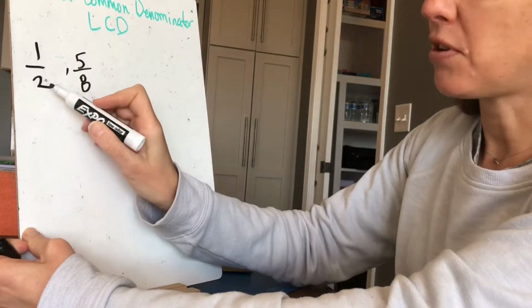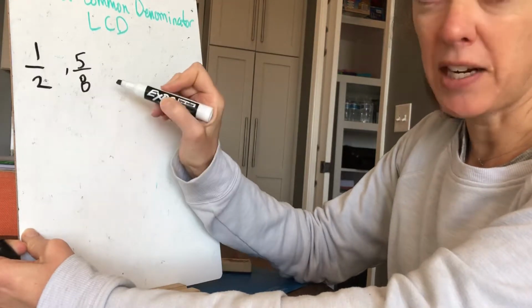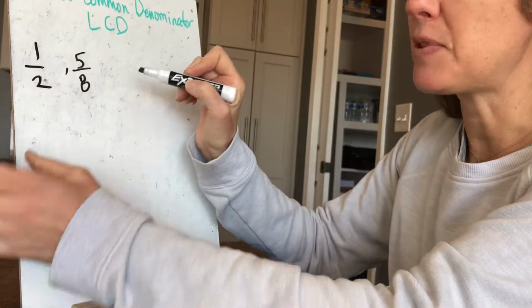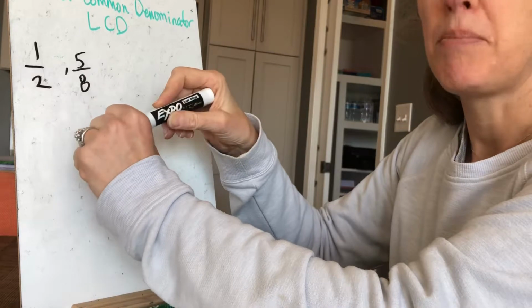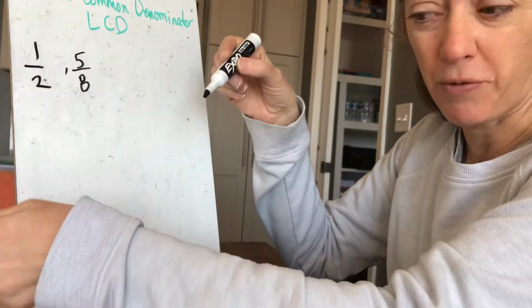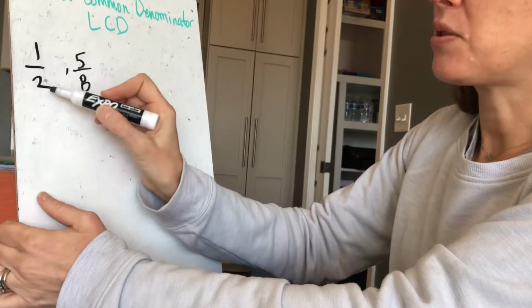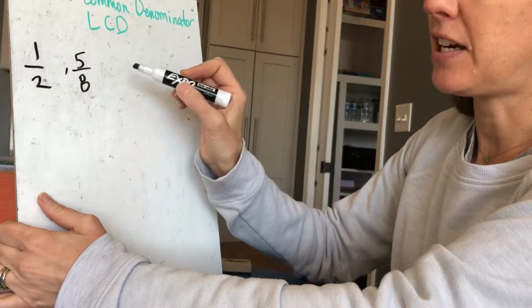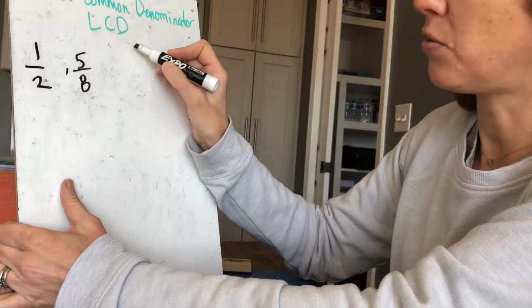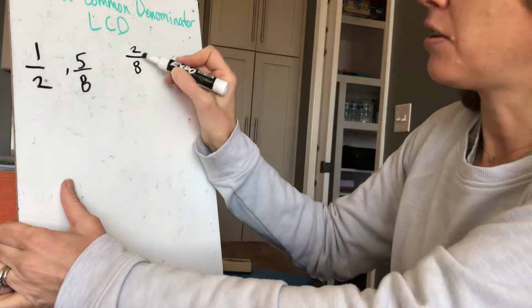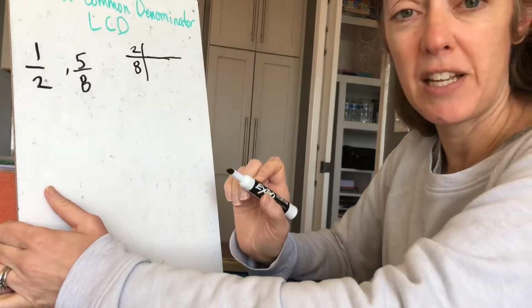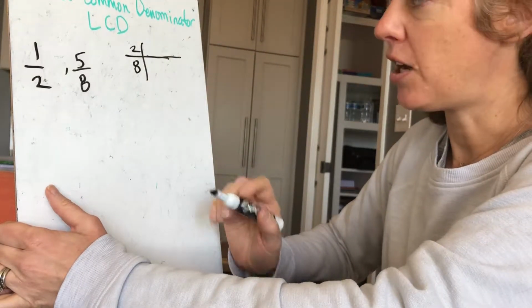Our denominators are halves and eighths, and they're not common, so we need to make them the same so that they have the same size piece, as we've talked about before. The best way to find that, if you just want to double check your work always, is to use the multiples chart, which I know you did a little bit of last week.